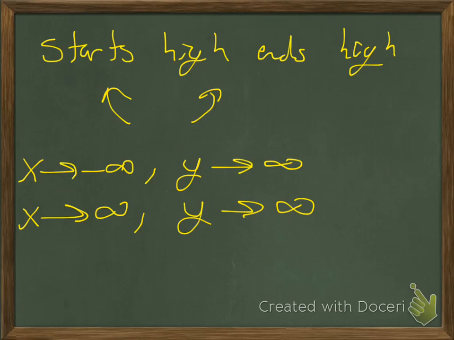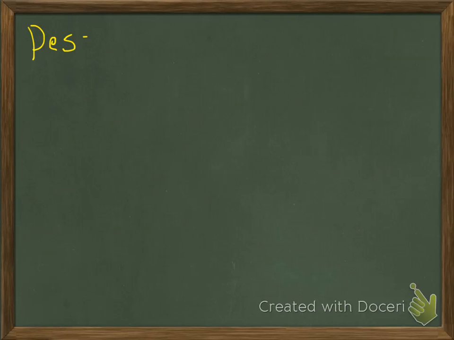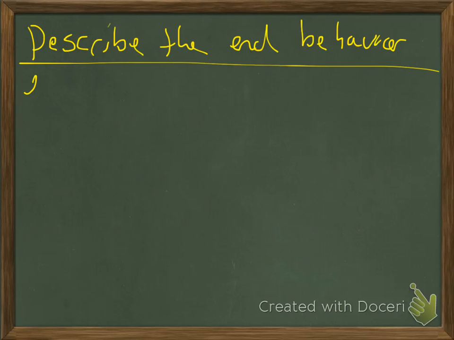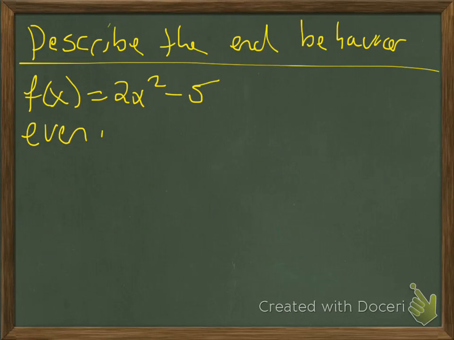Okay, so let's describe the end behavior here. f of x is equal to 2x squared minus 5. The first thing I'm going to look at is the leading coefficient is 2, which is positive, and then this is a second degree polynomial, and that is even.